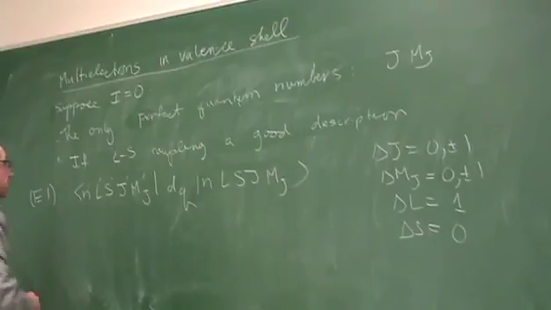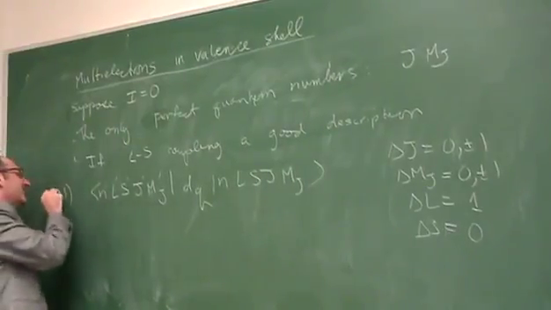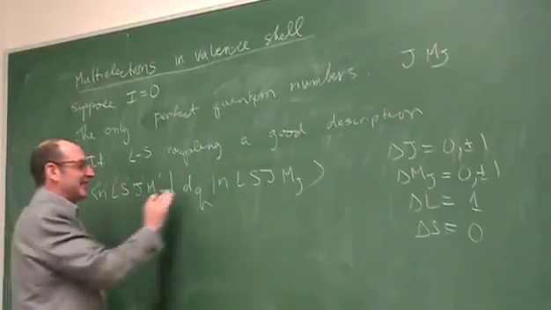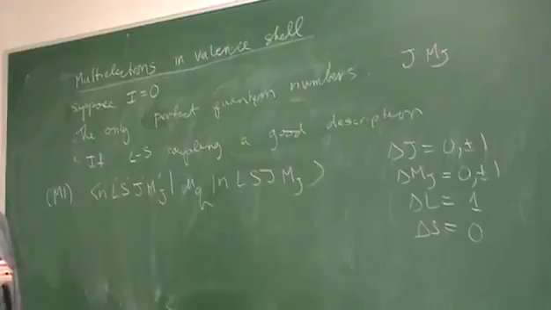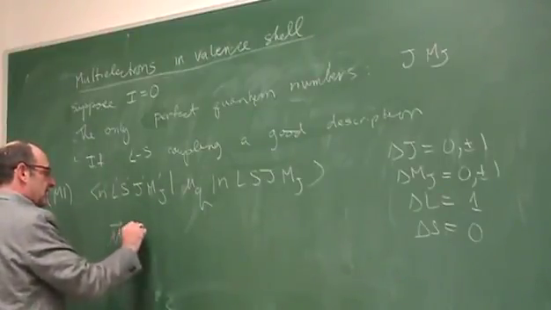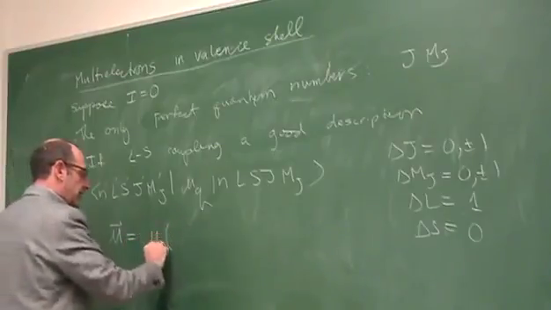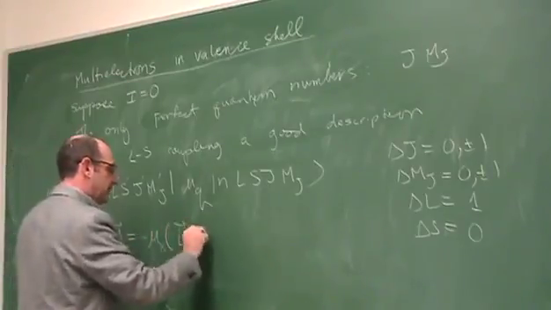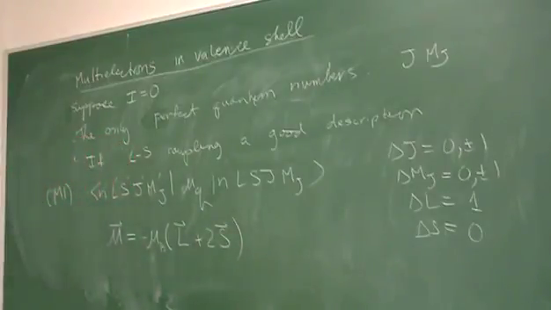What about M1, mu Q? Well, now remember mu is the total L plus twice the total S, sum over all the electrons.